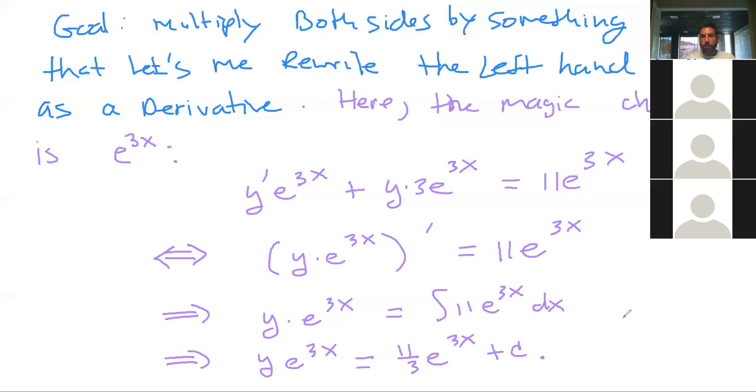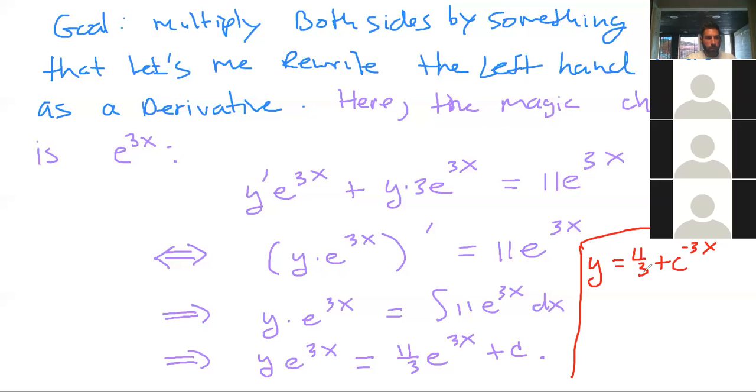Now I can get y. All I have to do is divide both sides by e to the 3x. If I do the appropriate algebra, we get y equals 11/3 plus c e to the negative 3x.